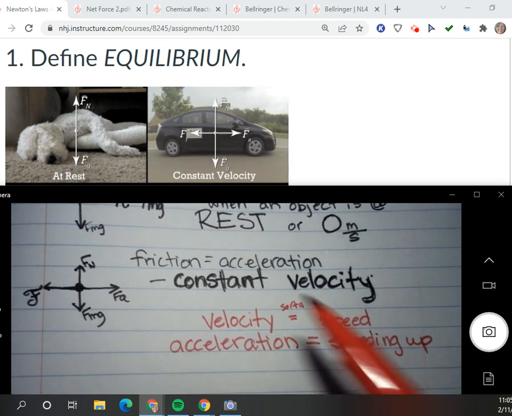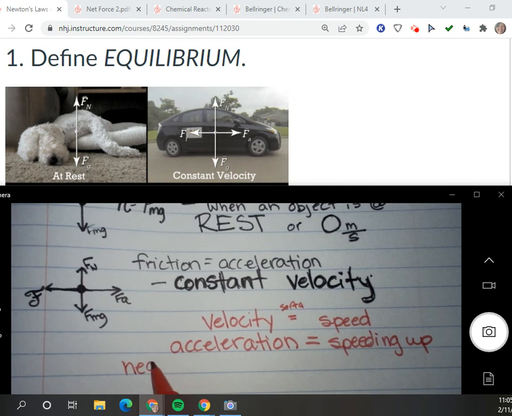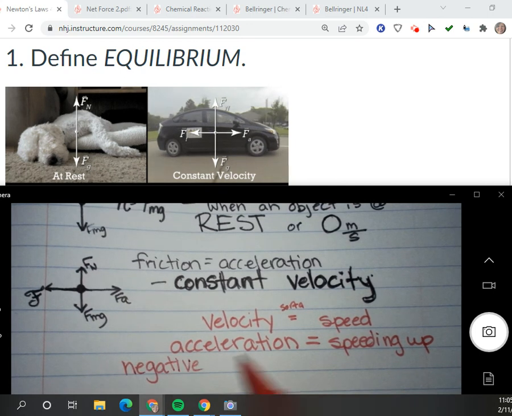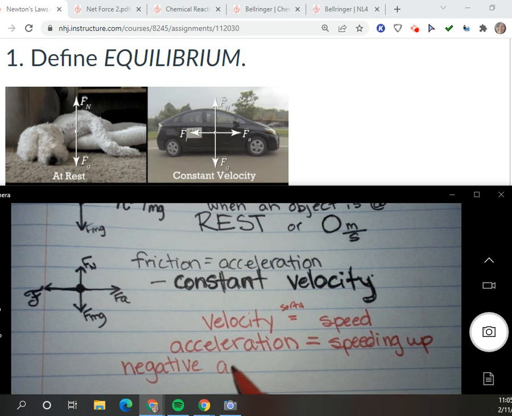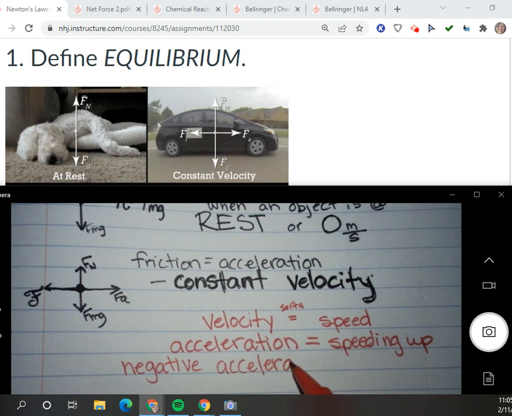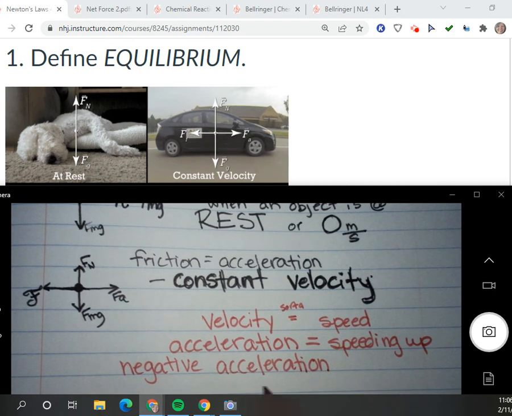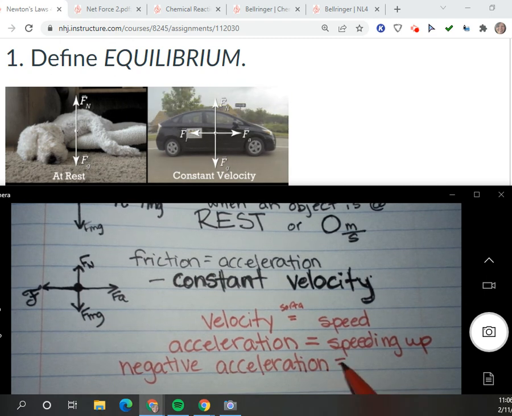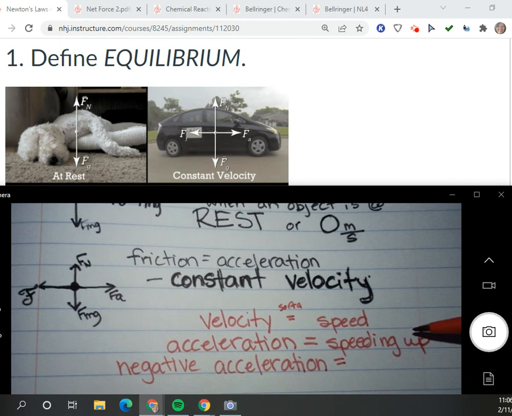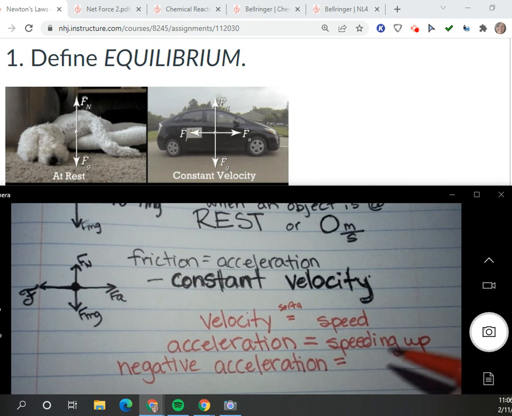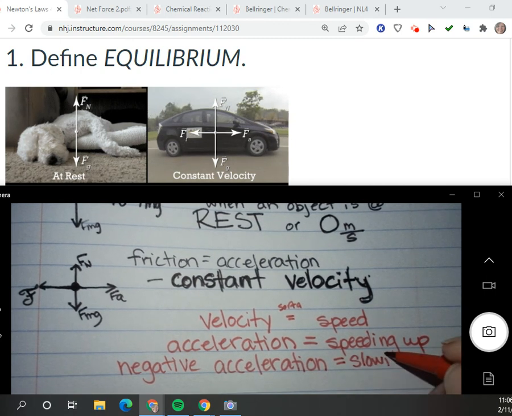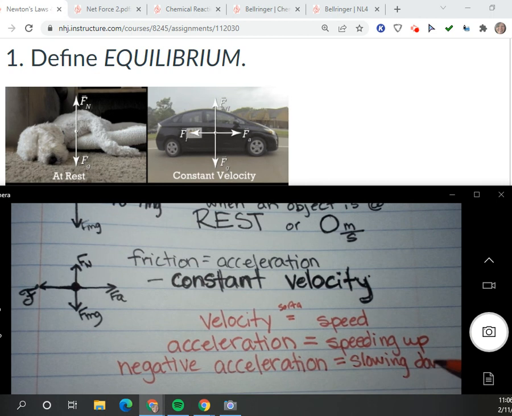I could also have negative acceleration. We're going to talk about this later on in a lot more detail. But if I have negative acceleration, what would I be doing? Positive acceleration, speeding up; negative acceleration is slowing down.